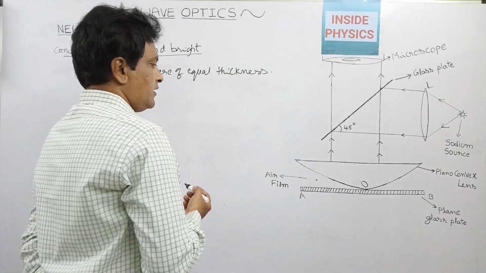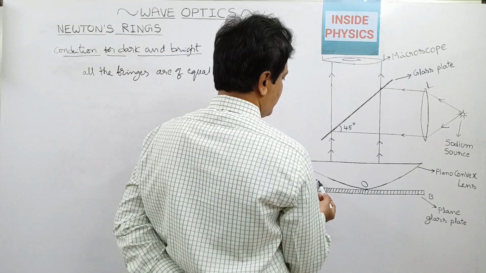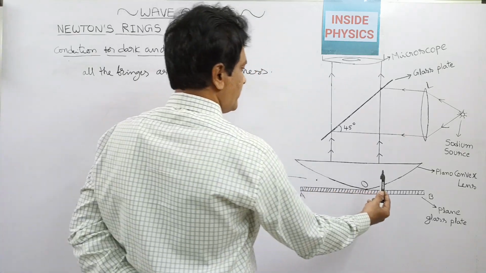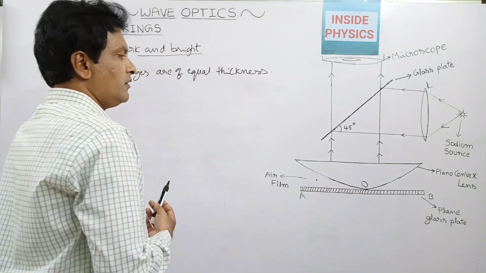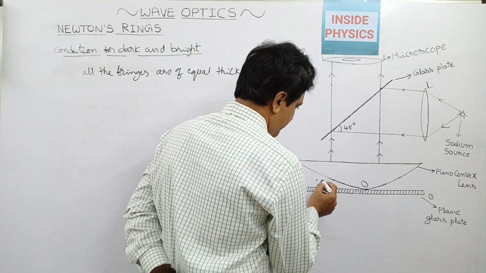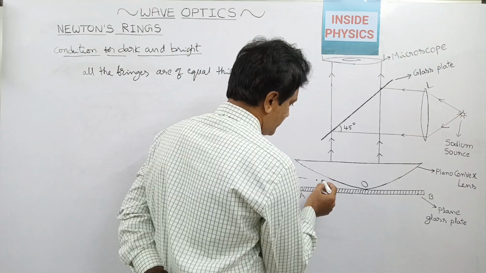Why? Because if you take the locus of all the points which have equal thickness around this plano-convex lens, they will form a circular ring. If this point has some thickness, and at this point you take another point, it has some thickness which is lesser than this point.